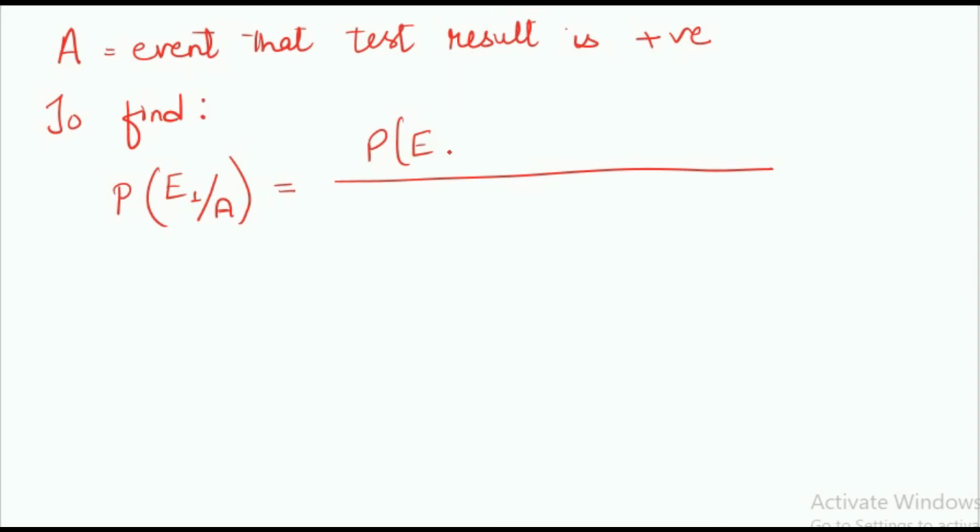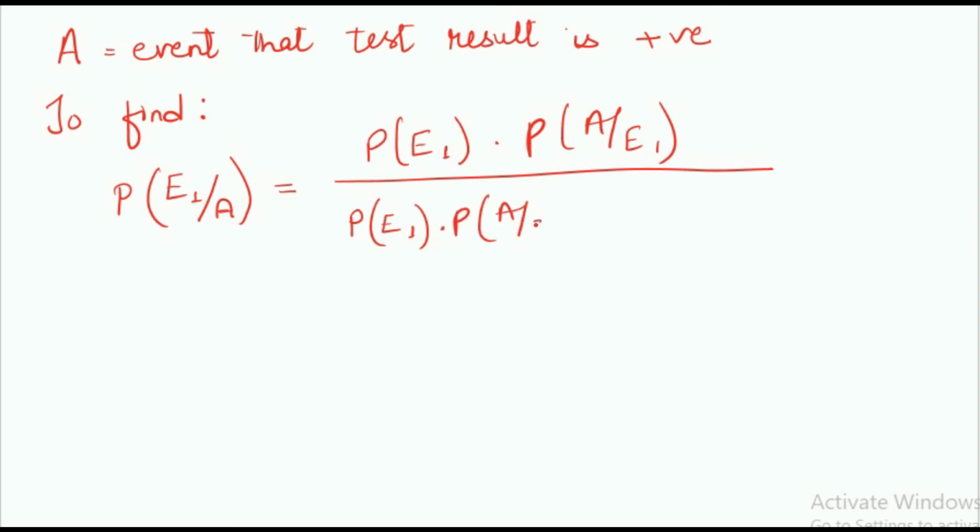Probability of E1 into probability of A given E1, divided by all the events we have: probability of E1 into probability of A given E1, plus probability of E2 into probability of A given E2.